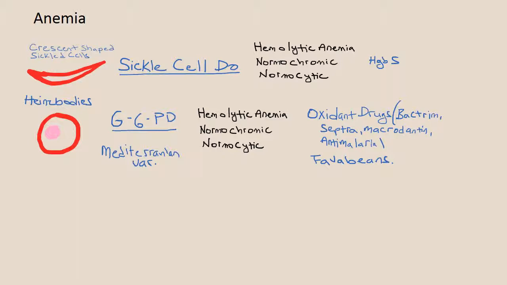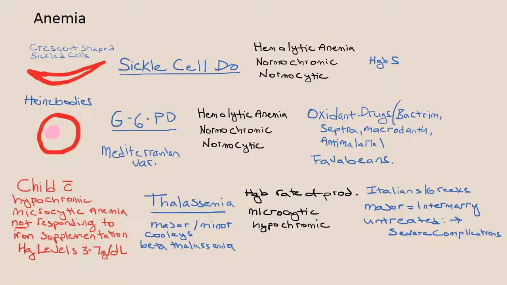There's a Mediterranean variant of G6PD that's precipitated by fava beans. So if you see fava beans, you know what it is. It can also be precipitated by oxidant drugs such as Bactrim, Septra, Macrodantin, and antimicrobials, and no treatment is necessary.